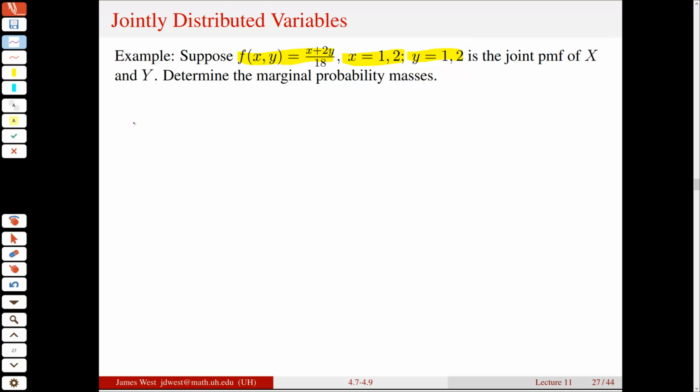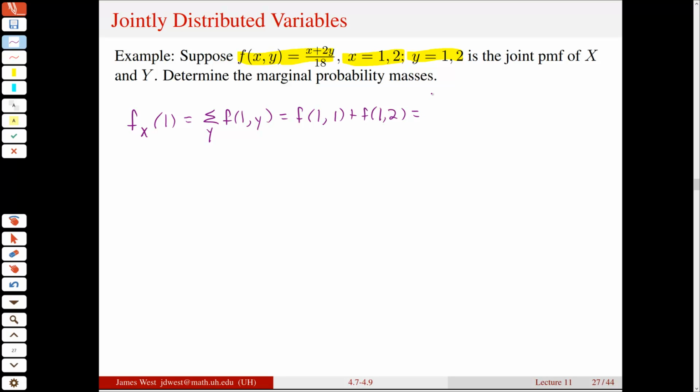First, let's calculate fx of 1. This will be the sum over all possible values of y of f of 1, y.